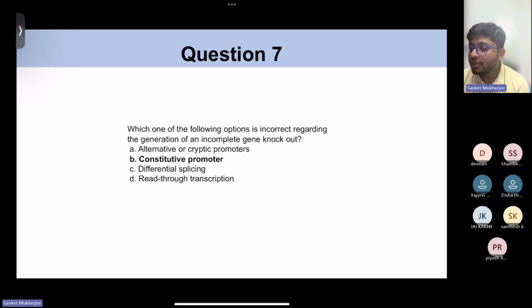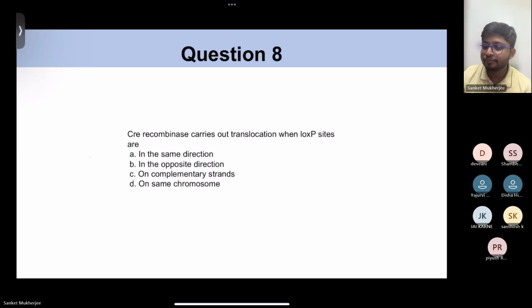Cre recombinase carries out translocation when LoxP sites are in the same direction, opposite direction, on the complementary strands, or on the same chromosome. Have you read about it? Just for the context, what is translocation?